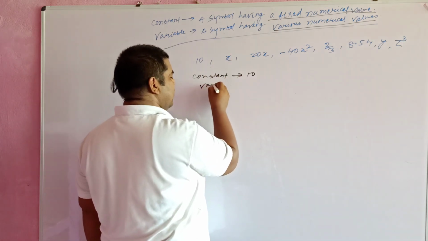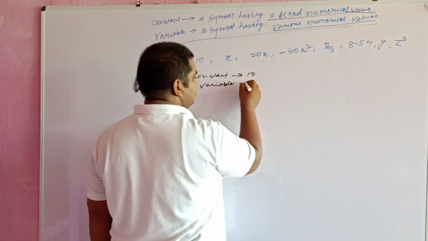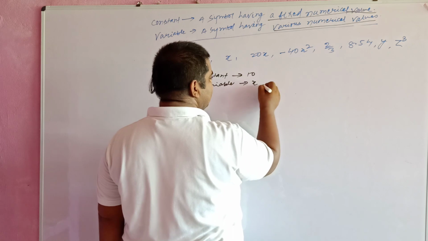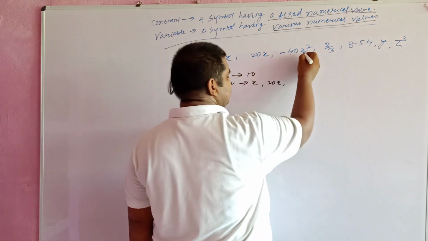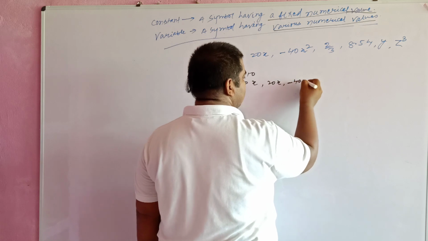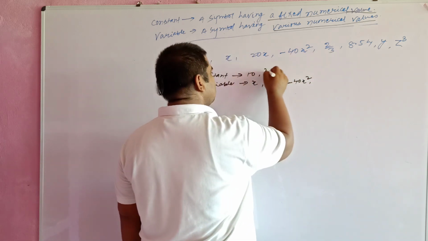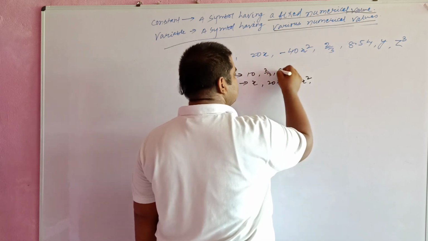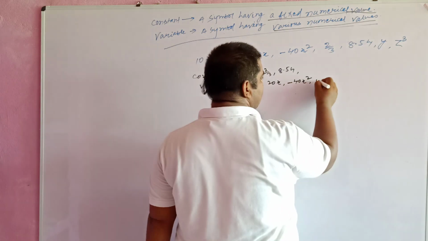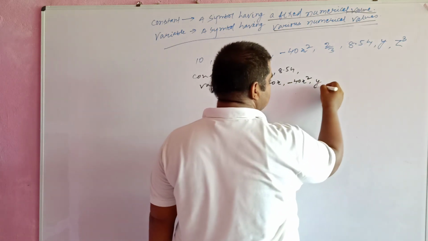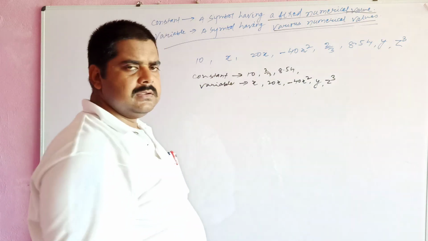X has various values, so it is a variable. 20x is a variable, minus 40x squared is a variable, 2 upon 3 is a constant, 4.54 is a constant, y is a variable and z cube is also a variable.